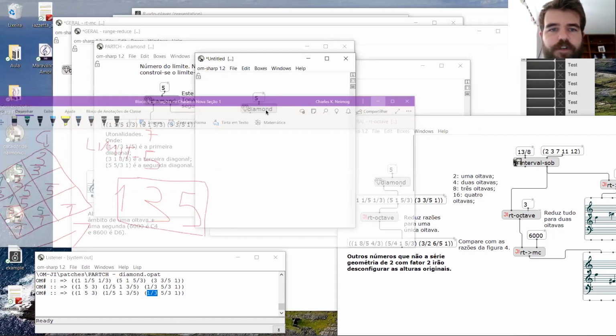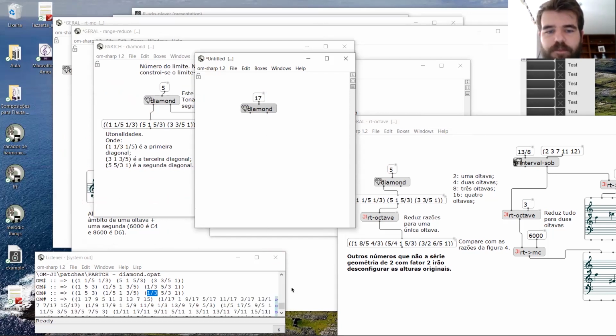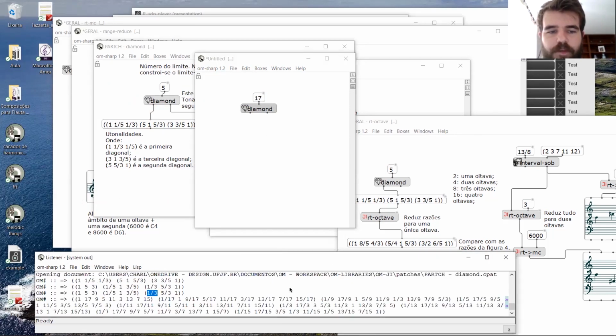We can of course do very big diamonds. And something very important: Harry Partch works with octave reduction.